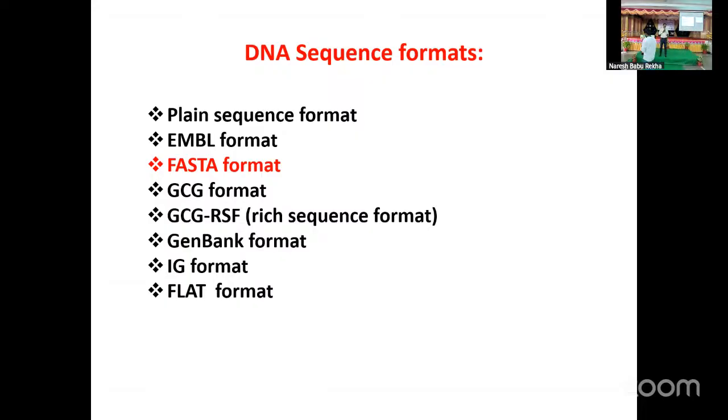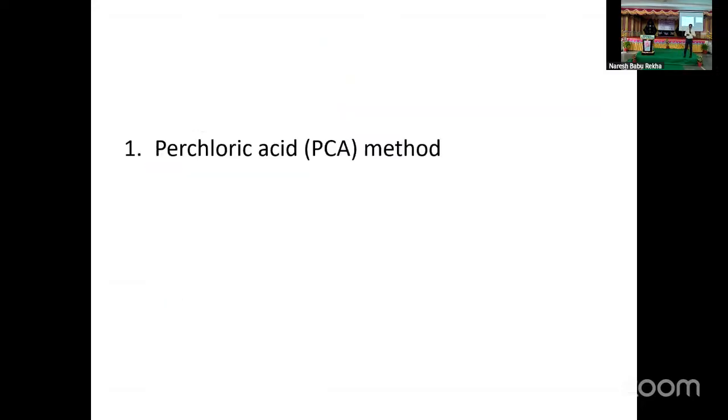For your photos, it will be JPG, JPEG or PNG format. Here also, whatever sequence I have is in some specific format. That may be FASTA format, GenBank format, and flat file format. It will vary from database to database.